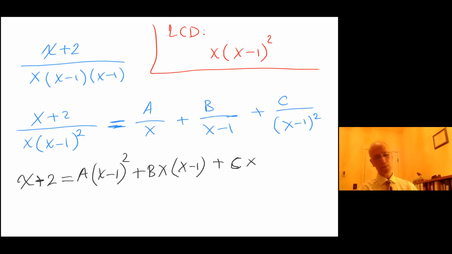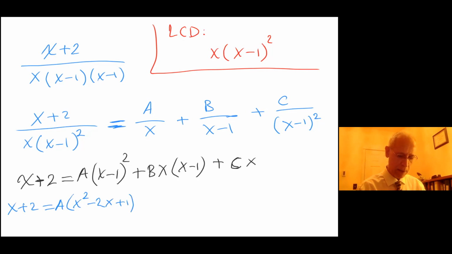Okay. And now let's simplify. Left-hand side, of course, remains the same. So x plus 2 equals A times x to the second minus 2x plus 1, plus B times x to the second minus Bx, plus Cx.